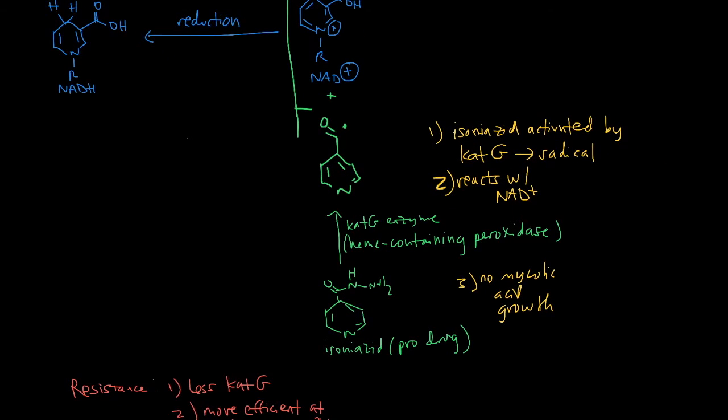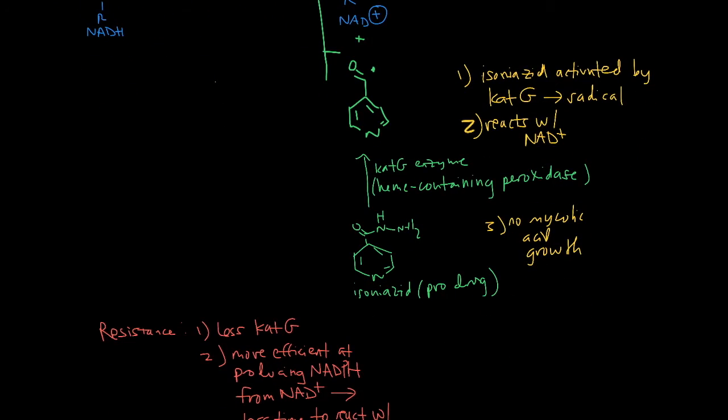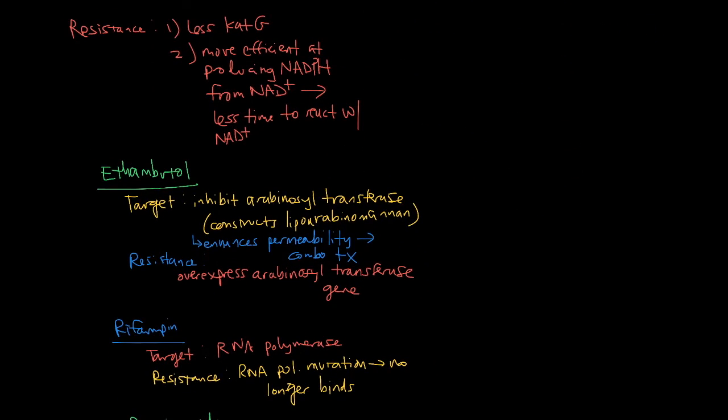Specifically, isoniazid is converted to the active form by the KatG enzyme, and this active form reacts with NAD+. Remember, NAD+ has a plus in it, and by reacting with NAD+, you stop mycolic acid biosynthesis and chain elongation. Resistance to isoniazid can be conferred by less production of KatG or more efficient production of NADH from NAD+, so isoniazid has less time to react with NAD+.